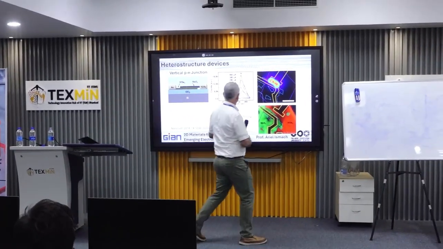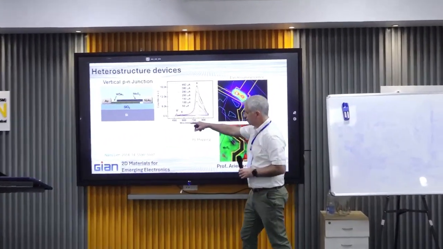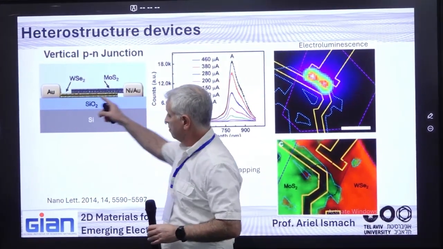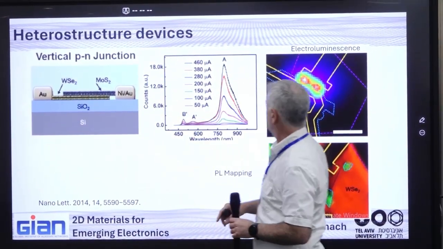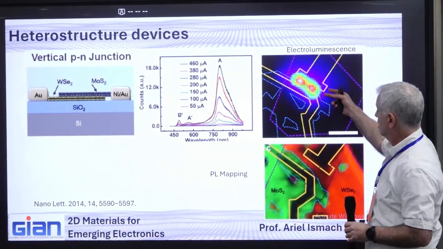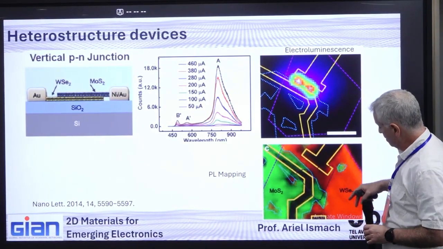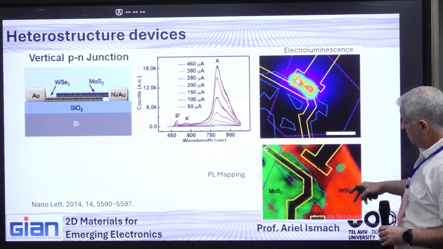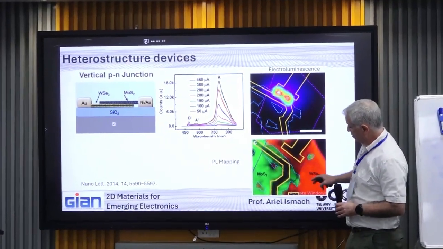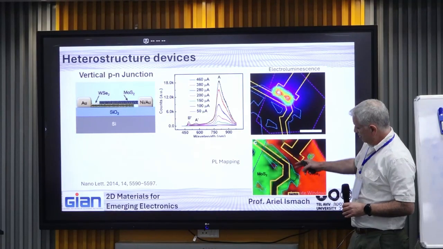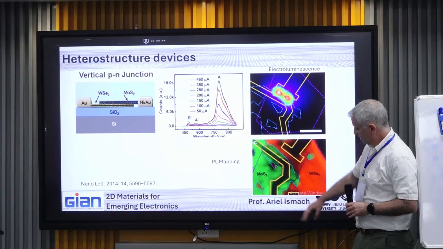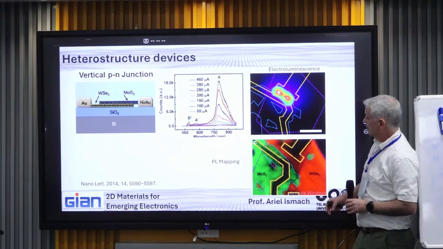So after the exfoliation of the stack, you see that some of the MoS2 remains here and some here, and this is on purpose, of course. Here you can see the PL imaging of the structure in this color. So you can see the different materials, and these are the electrodes that were made by lithography.